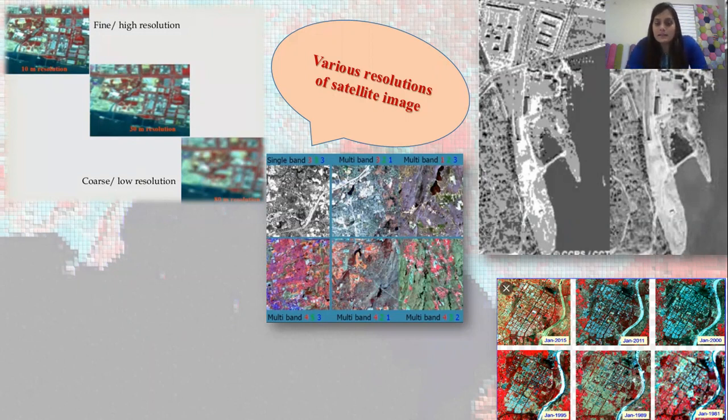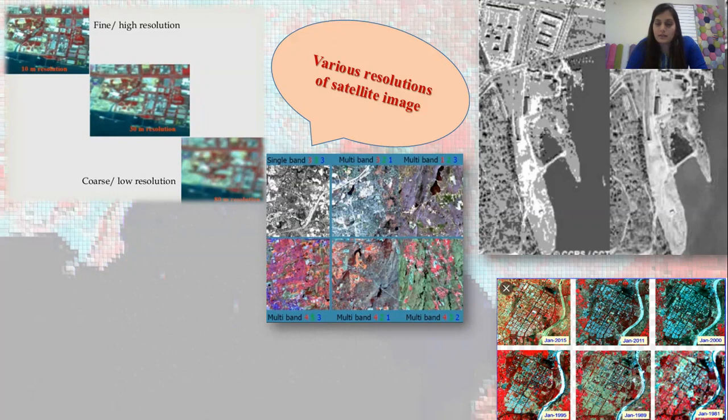Right? Next comes temporal and radiometric. For temporal, you can see here I have shown January 2015, January 2011, 2000, 1995. That is a temporal change. You can see with color coding, temporal change can be clearly seen by eye.